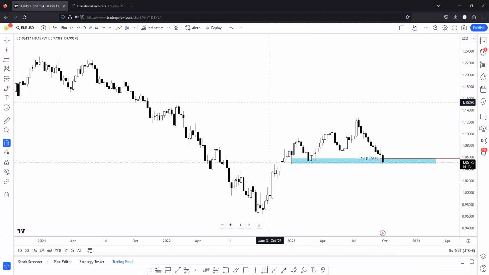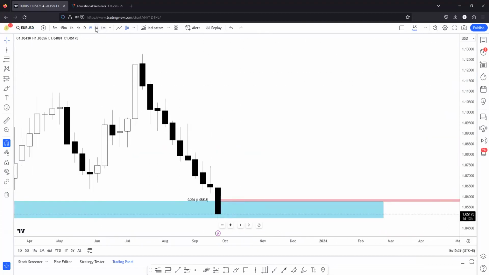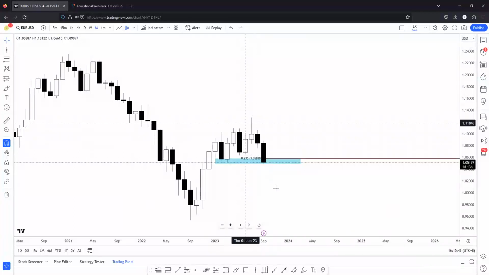Okay, so if you take a look at where we are on Euro dollar on the different time frames, within this move, you can see that on the monthly or weekly, this whole region, if you take a look at the highs and lows of this candle.